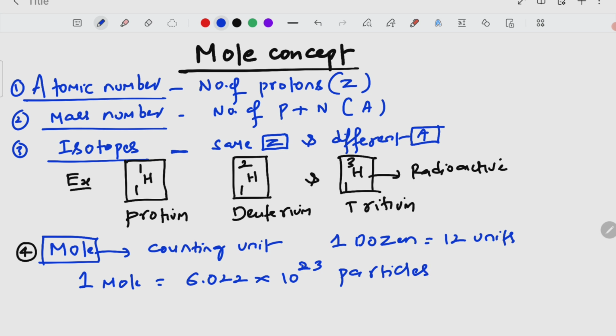First of all, mole is a counting unit. How we use in day-to-day life, 1 dozen is equal to 12 units. In similar way, 1 mole is equal to 6.022 into 10 power 23 particles.